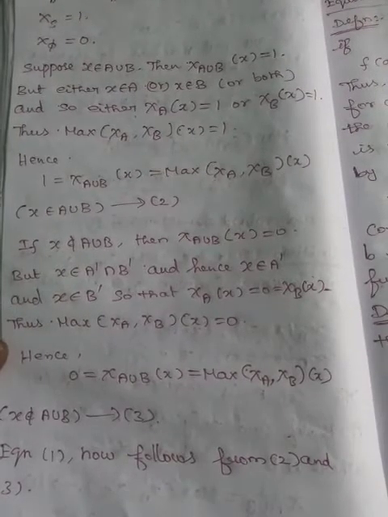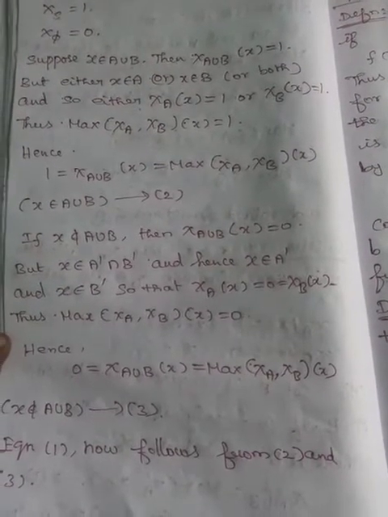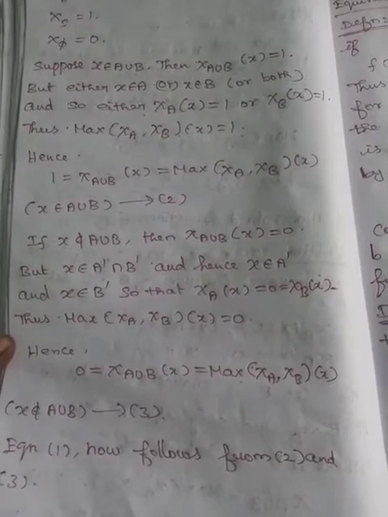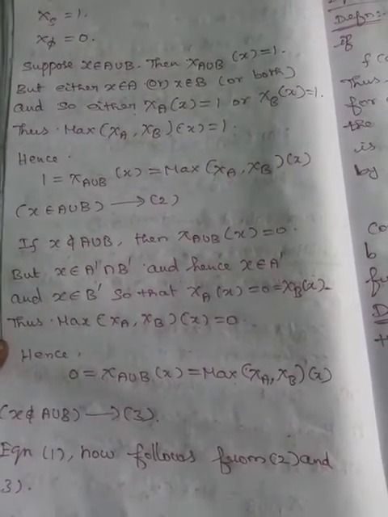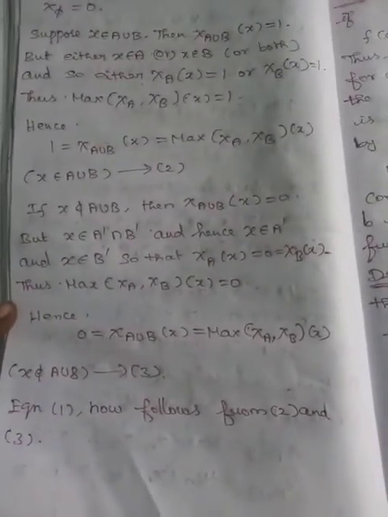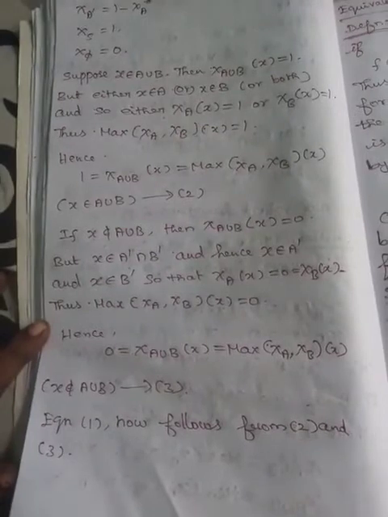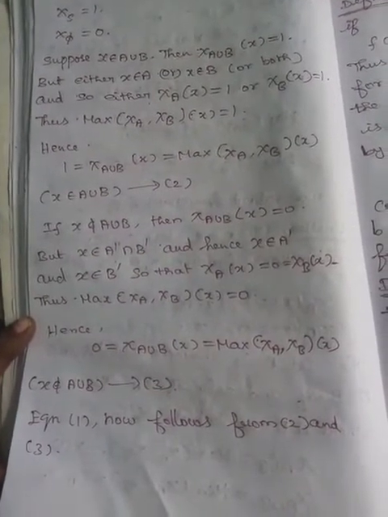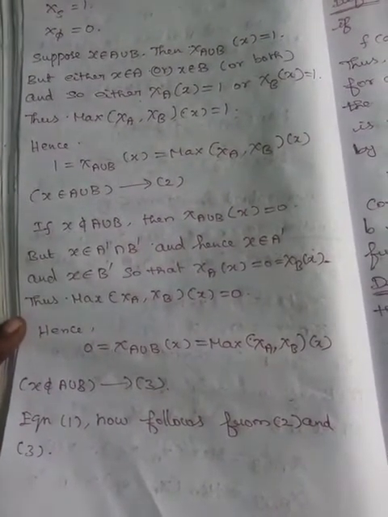Hence 0 equal to zeta of A union B of X equal to maximum of zeta of A comma zeta of B of X. So X is not belongs to A union B. Equation number 3. Equation number 1 now follows from 2 and 3.